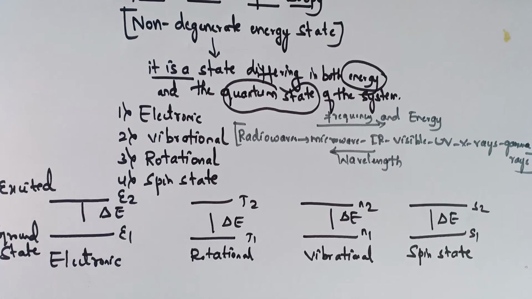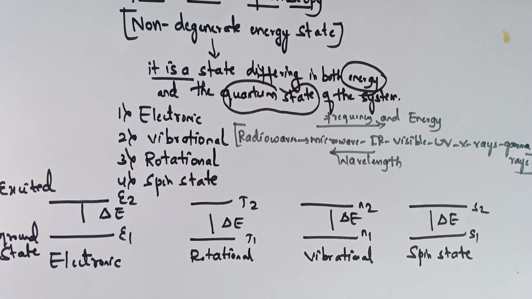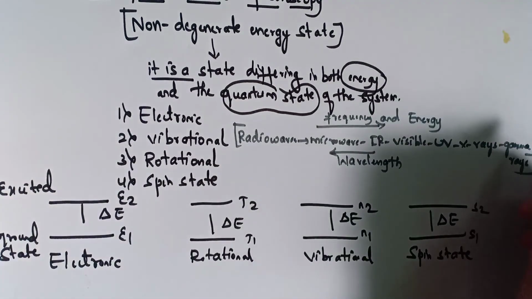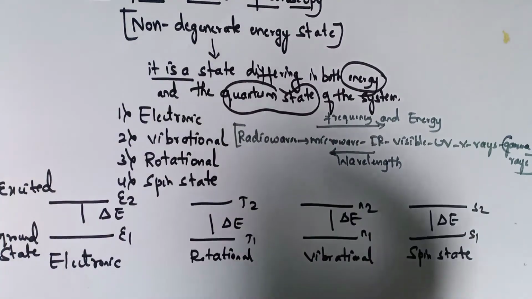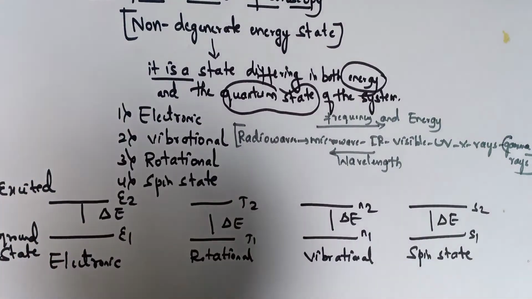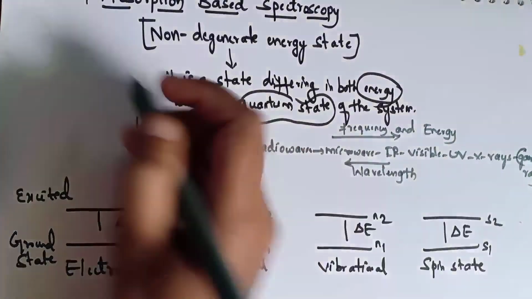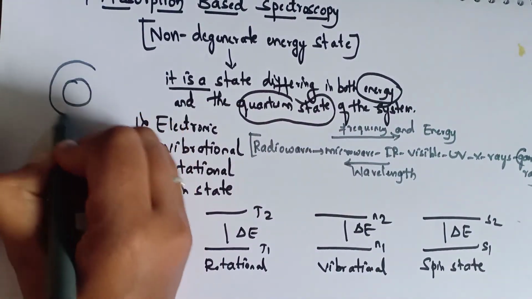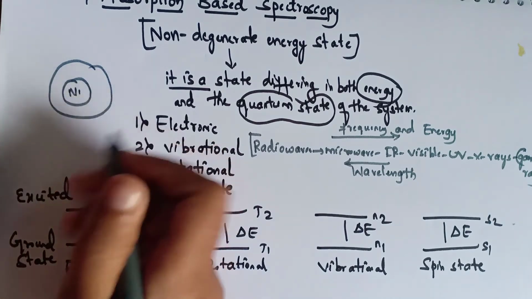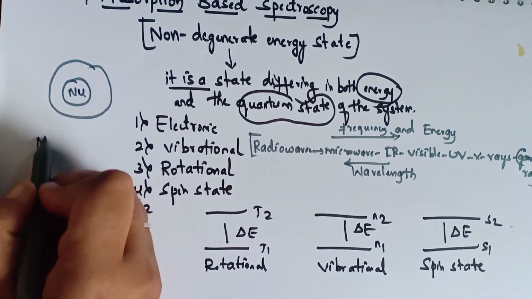Now I have represented the electromagnetic spectrum in the increasing order of their energy to categorize which radiation comes under which spectroscopy. So here highest energy is for the gamma rays. Gamma rays have higher energy, so they are very powerful. They can reach up to the nucleus. See here, it is a nucleus. What does this nucleus contain?